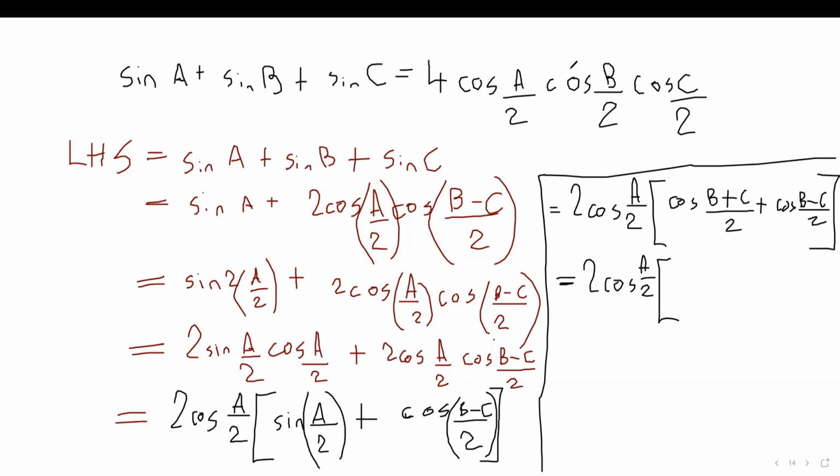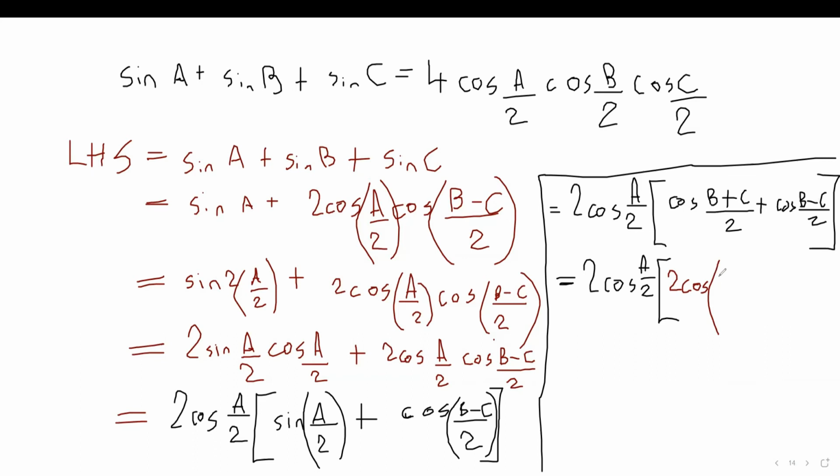How do we add 2 cos? The sum of 2 cos is twice the cos of half the sum times the cos of half the difference. That's how we add 2 cos. So we need to add up b plus c over 2 plus b minus c over 2.